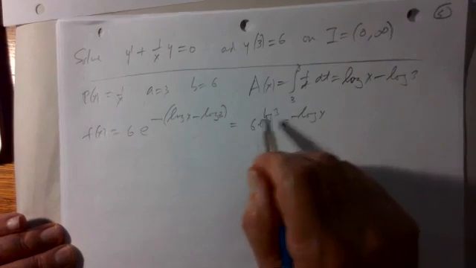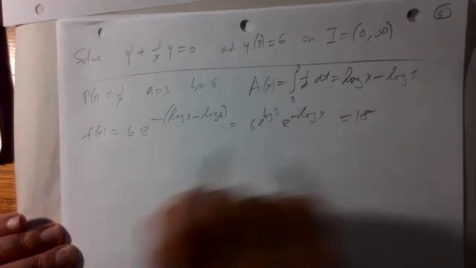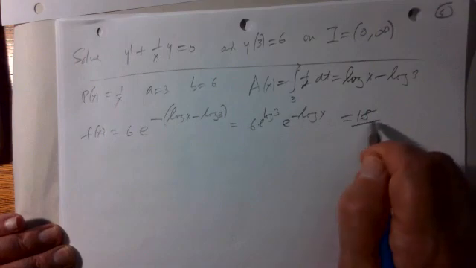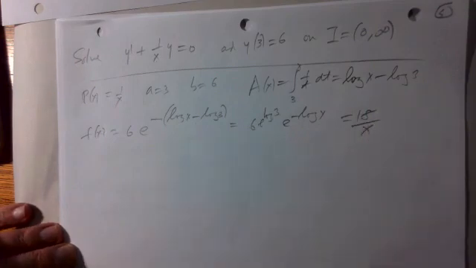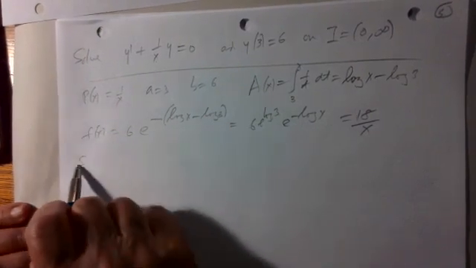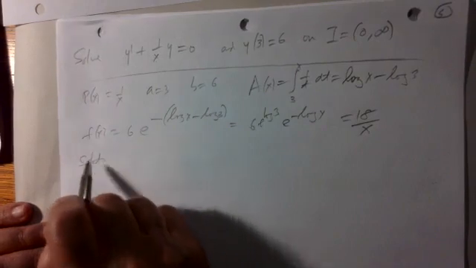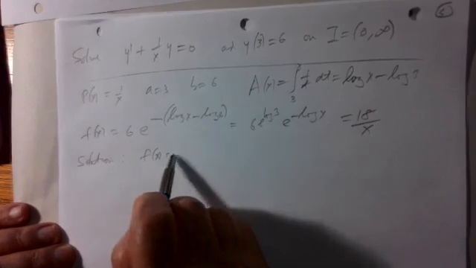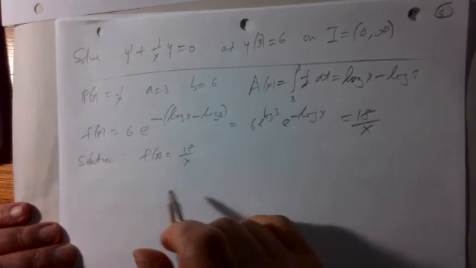E to the log 3 is 3. 3 times 6 is 18. E to the minus log x is 1 over x. So if I did this correctly, our solution of the differential equation is f of x equals 18 over x.